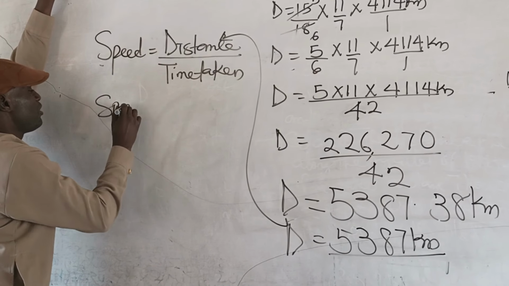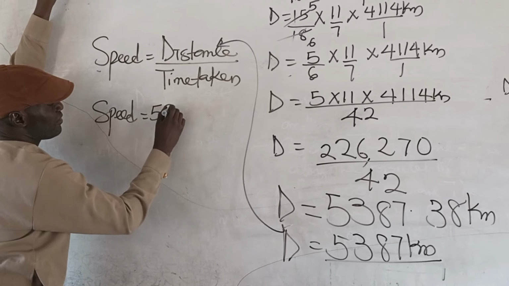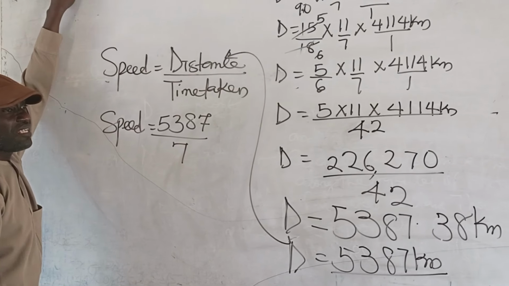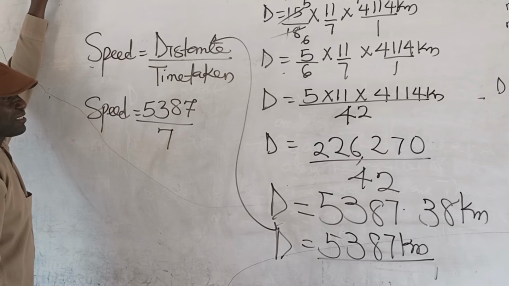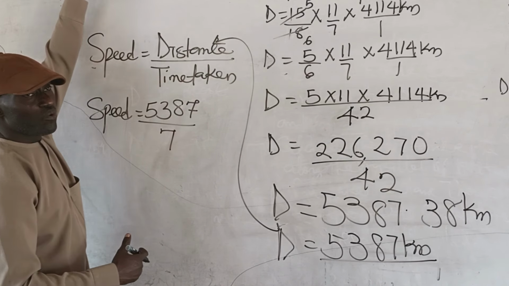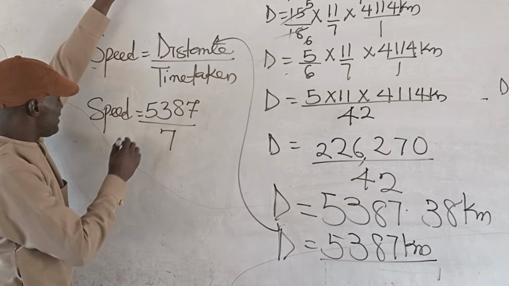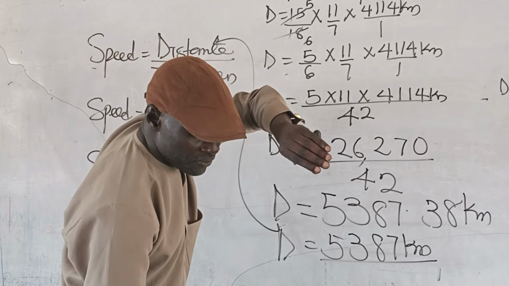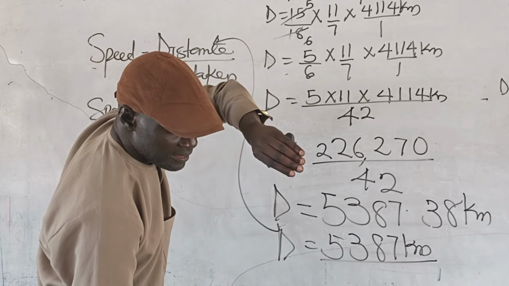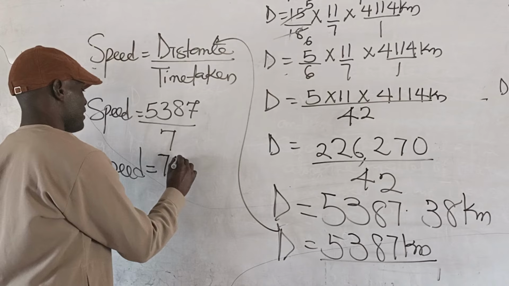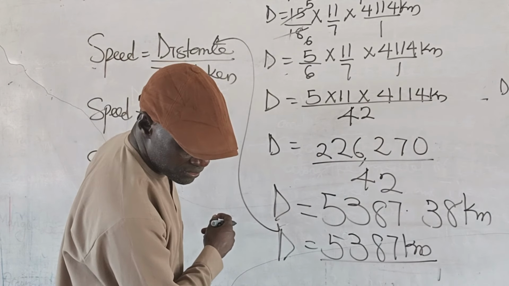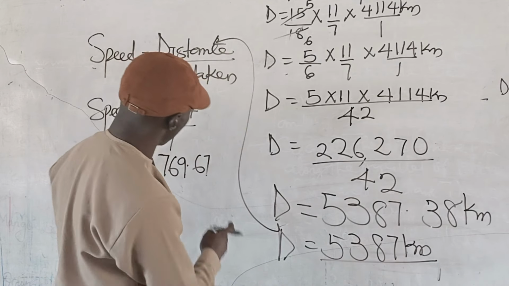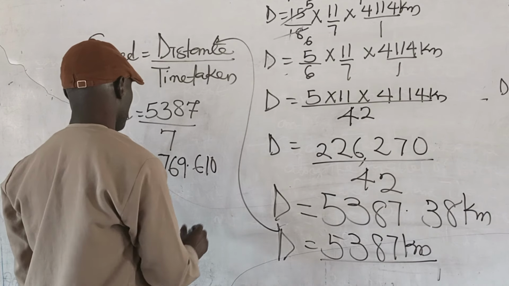So our speed now equals distance, which is 5387 divided by 7, because the plane moved for 7 hours from P to K. By dividing this, our speed for question B is 769.10.